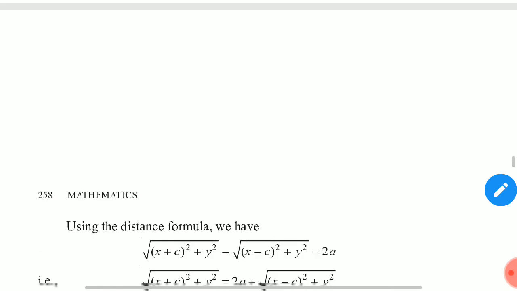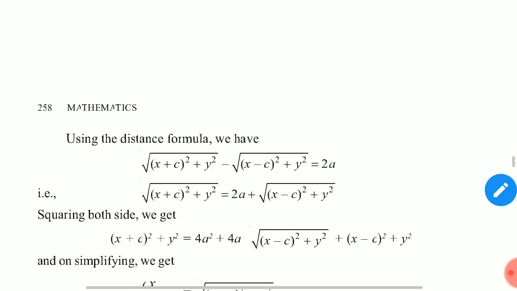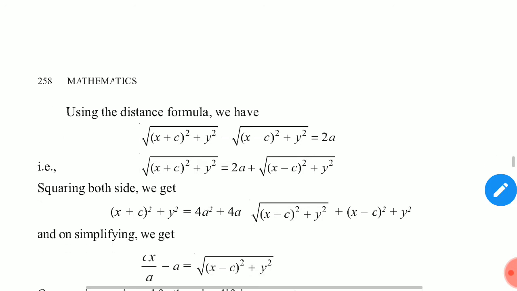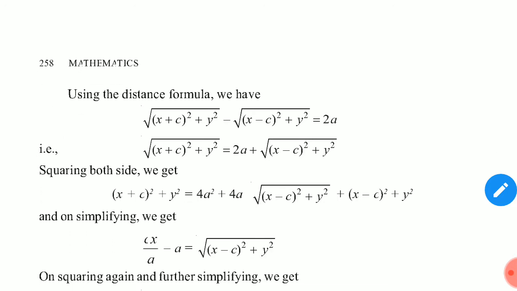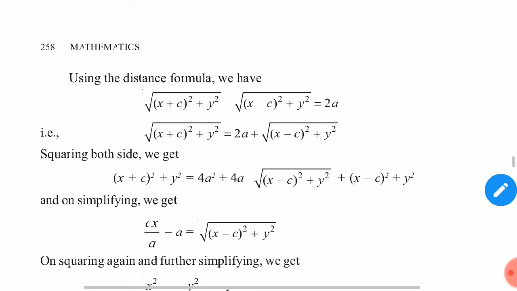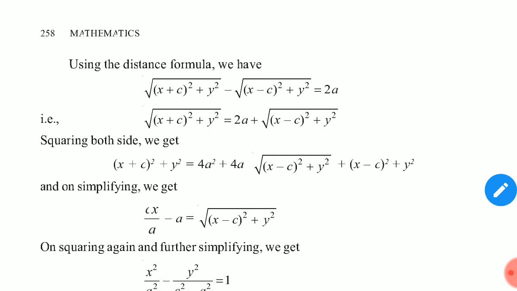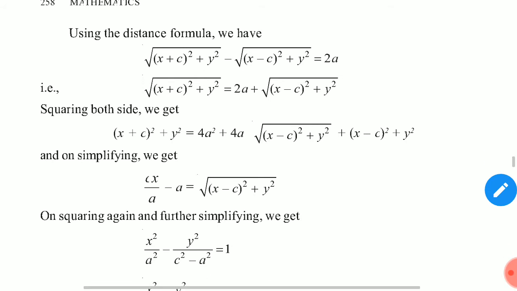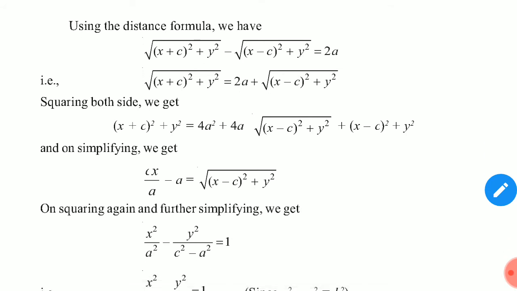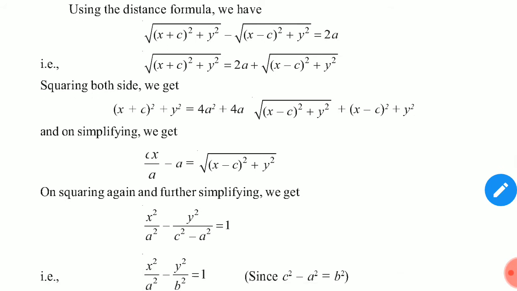PF1 is the square root of (x plus c) square plus y square, and PF2 is the square root of (x minus c) square plus y square, and the difference is equal to 2a. Now solve this: transfer one term to the other side and remove the square root by squaring both sides.